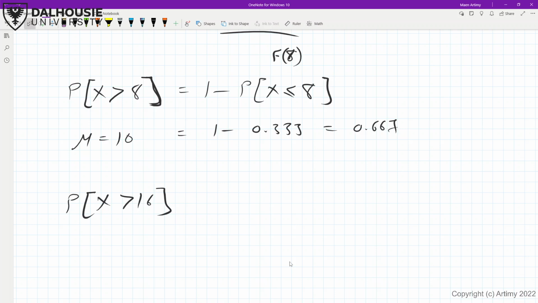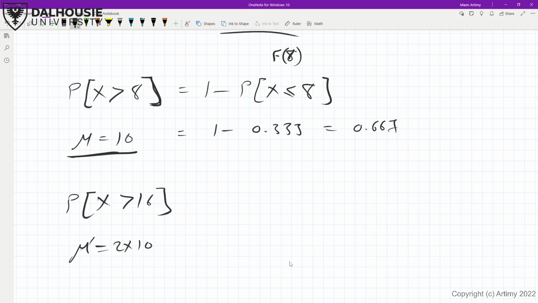Look at the interval. You cannot use the same mu again. Why? Because this mu was for a 1 day interval. The average for 1 day is 10. But if I'm looking for 16 in 2 days, then I have to find what the average number is in 2 days. So in this case, let's say mu prime is 2 multiplied by 10.